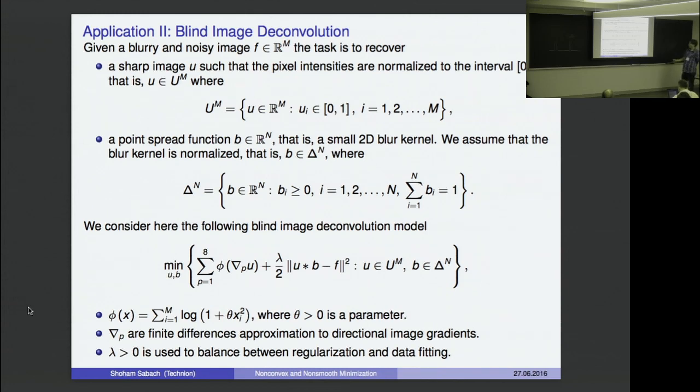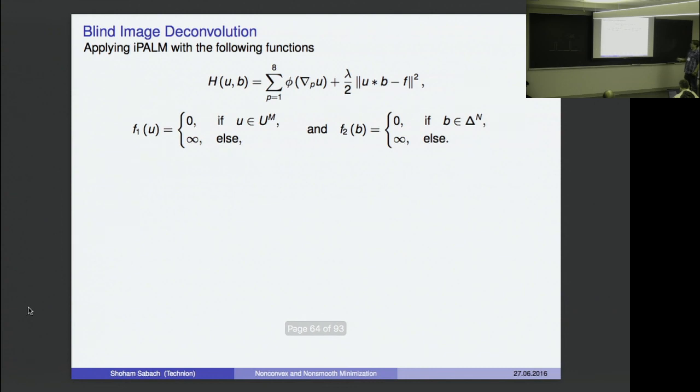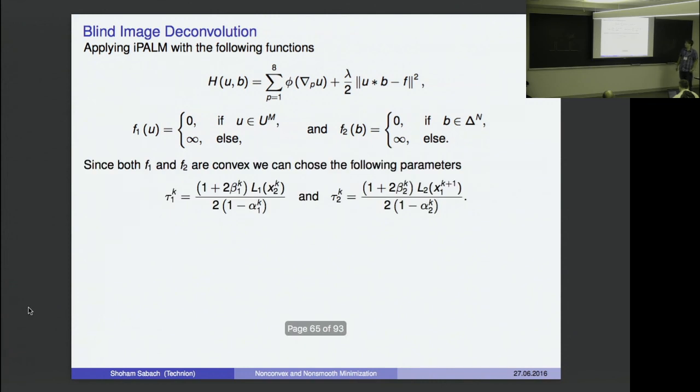And here we have the data fidelity term with the classical 2D convolution operation. This can be solved by iPALM. Here we choose the smooth coupling function to be this one, and this is the non-smooth function with respect to U, and this is with respect to B. Both of them are convex. Therefore, in both cases we can take the following parameters for tau, and we can use the extended interval.